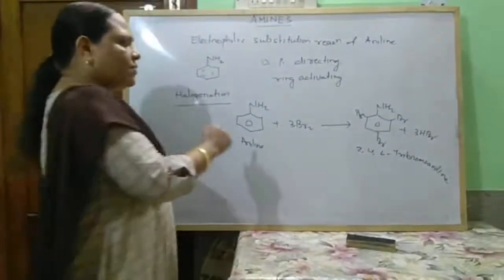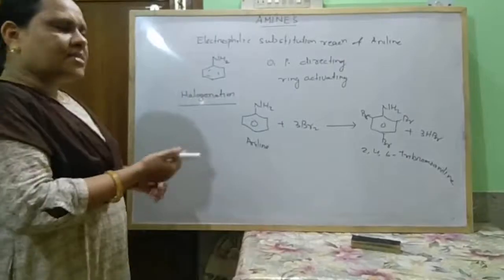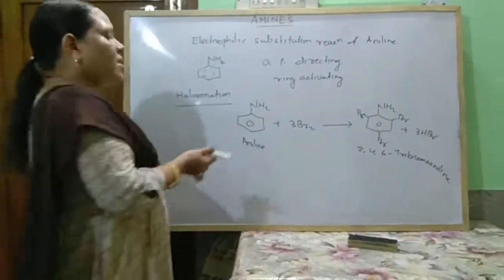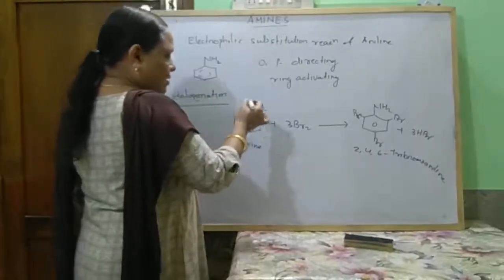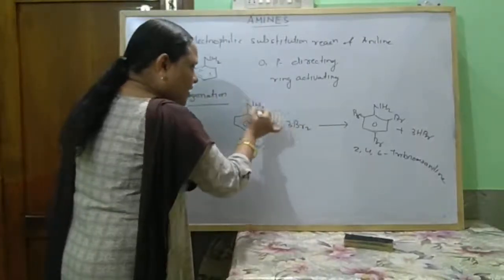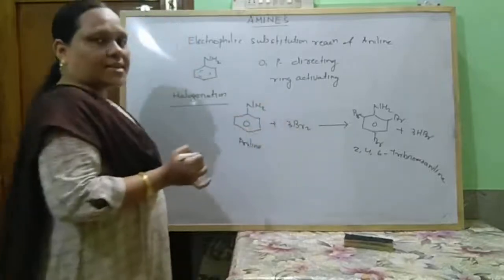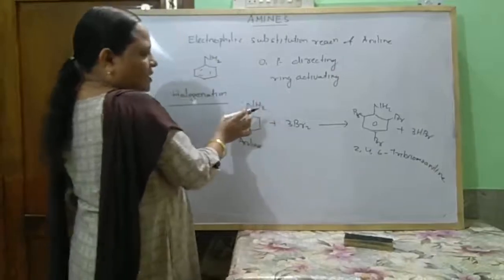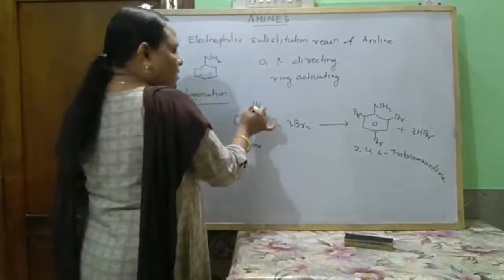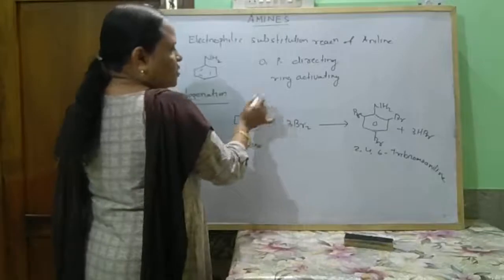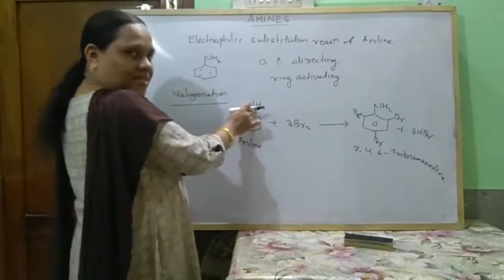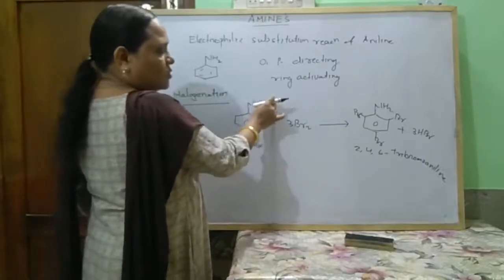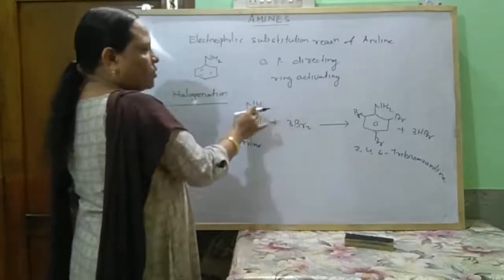But sometimes it is necessary to find the monosubstituted product. At that time, this NH2 group is protected by acylation. If this NH2 group is protected by acylation, then the ring activating nature of this NH2 group decreases due to the presence of the CO group, carbonyl group.